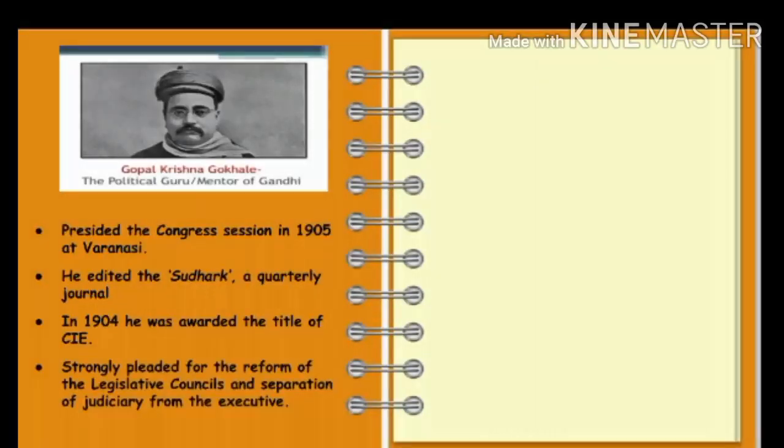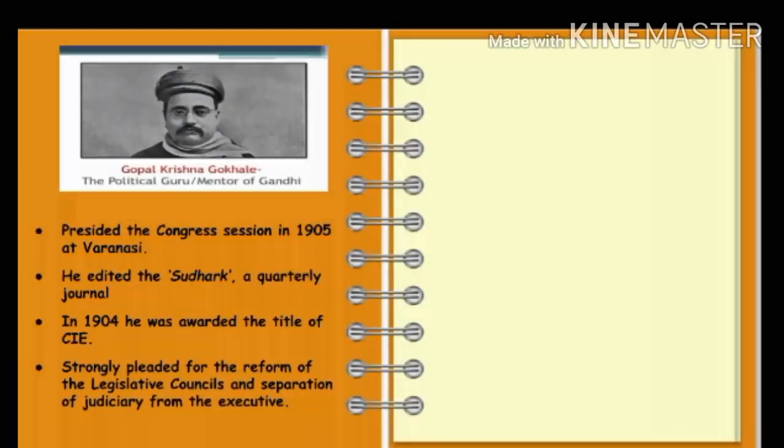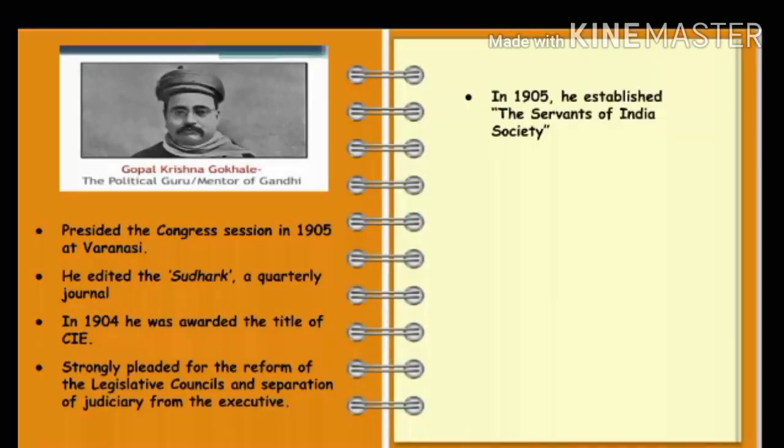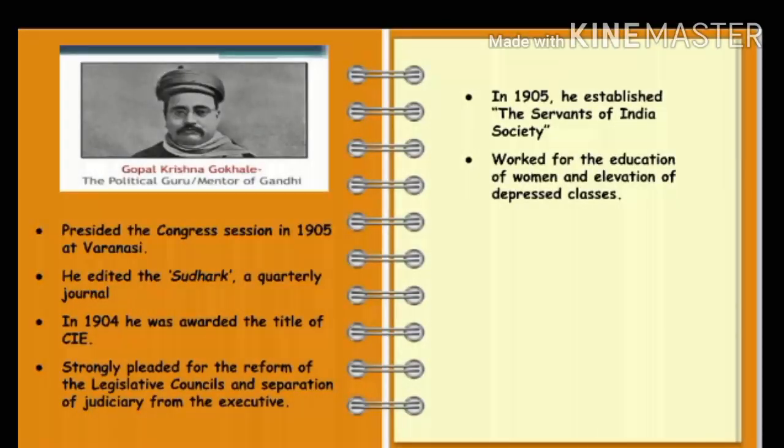He strongly pleaded for the reform of legislative councils and separation of judiciary from the executive. In 1905, he established an organization called the Servants of India Society. He worked for the education of women and elevation of depressed classes.